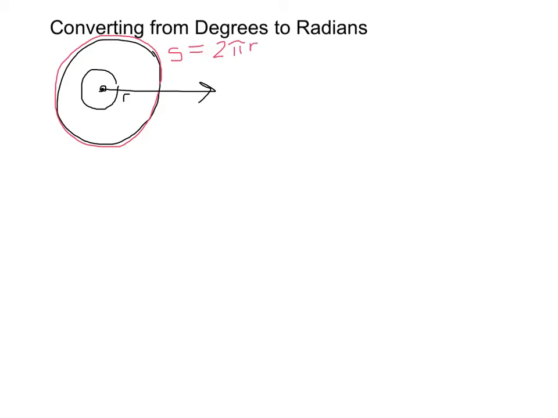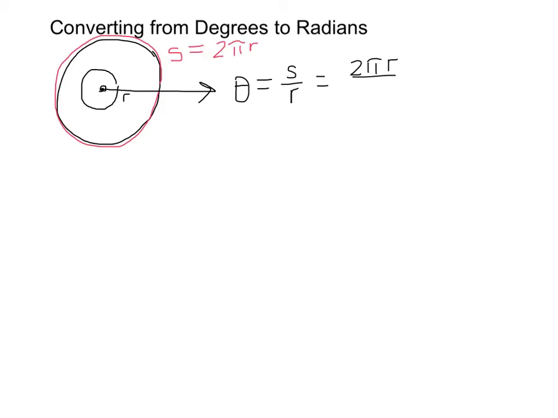Okay, and so if you think about what we just learned about how to find the central angle in radians, we can go back to our formula, which is theta equal to S over R. Well, we have S, which is 2 pi r.